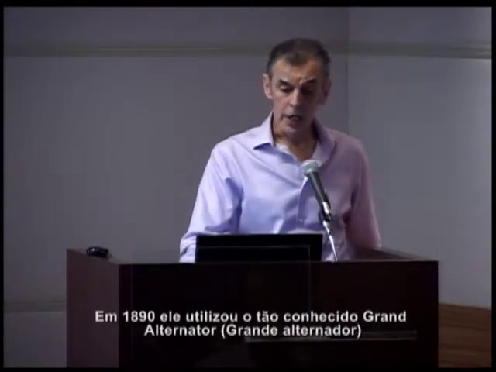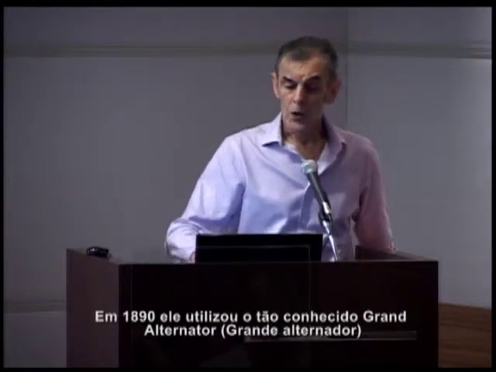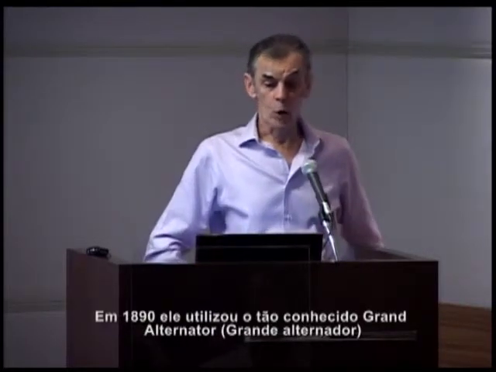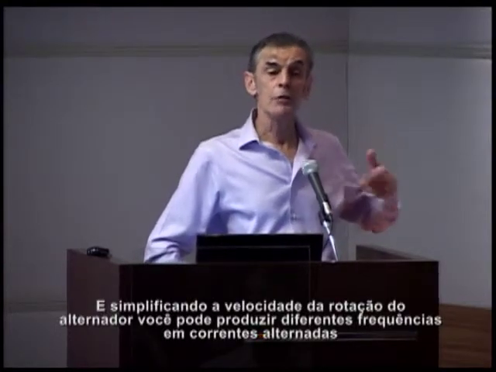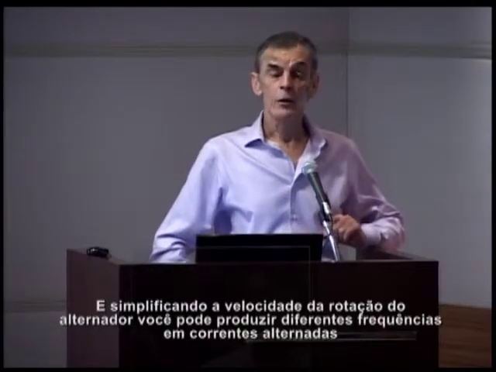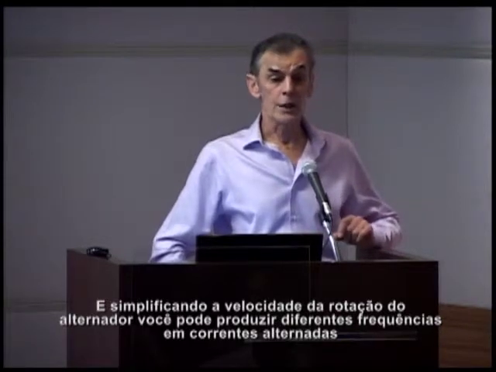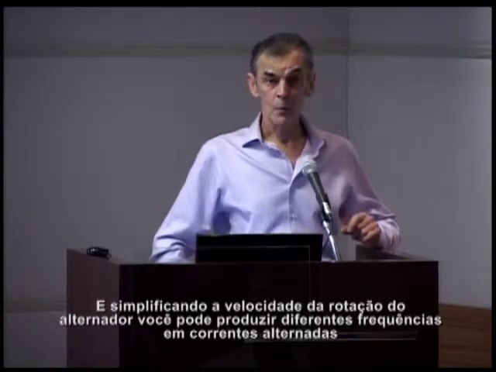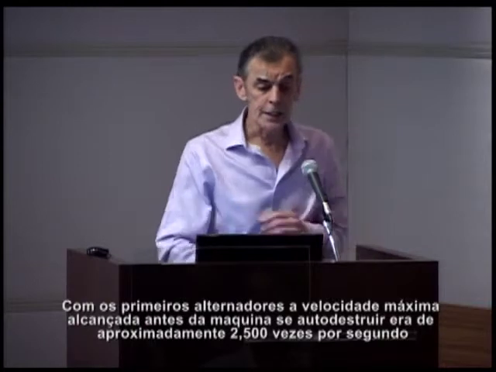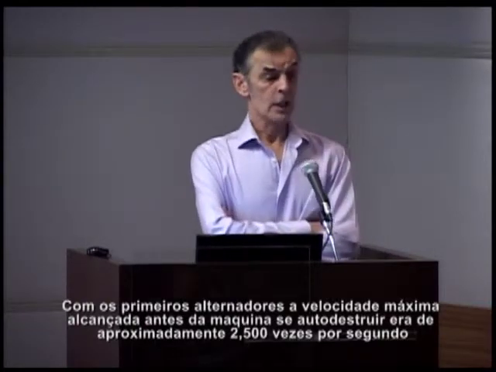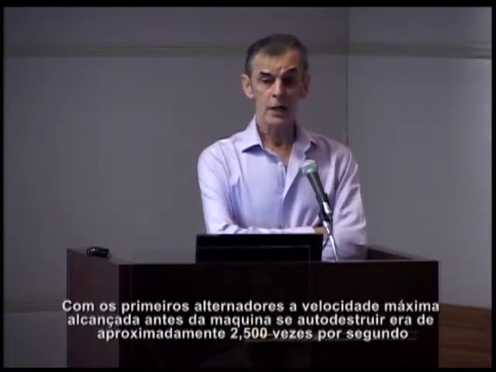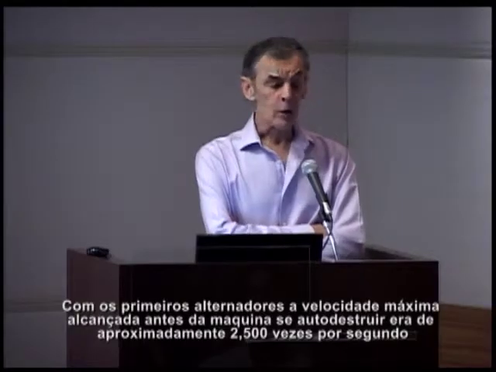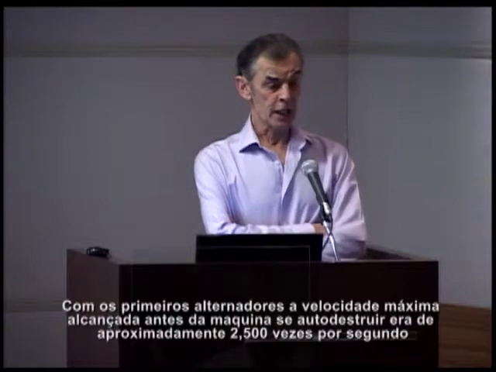So D'Arsonval in the 1890s used the so-called Gram alternator, and simply by varying the speed of rotation of the alternator, you can produce different frequencies of alternating current. With the early alternators, the maximum speed that you could spin them before the machine self-destructed was about 2,500 times per second.